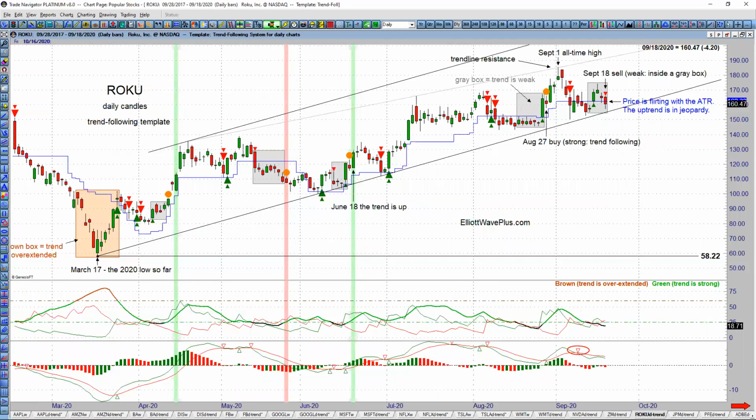Roku is looking a little weak, like it could fall down through this channel. I've had Roku. I don't know why Roku is so hot. I've had Roku streamers, and I've used Amazon streamers, and I've used Apple streamers, and the Apple TV streamer is clearly the best.